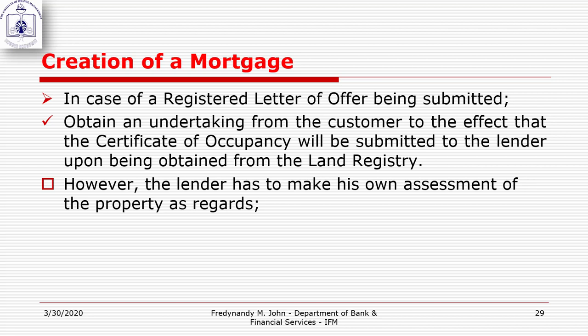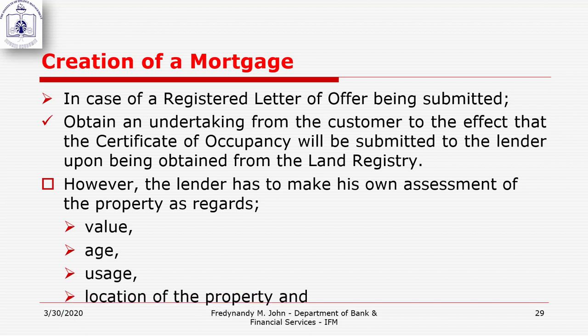Now, obtaining these documents is not enough. The lender also needs to make his own assessment. This assessment will assist to reach a sound decision. Now, the assessment will be based on the following: the value of the property, age of the property, that is for how long the property has been used, usage of the property, and location of the property.